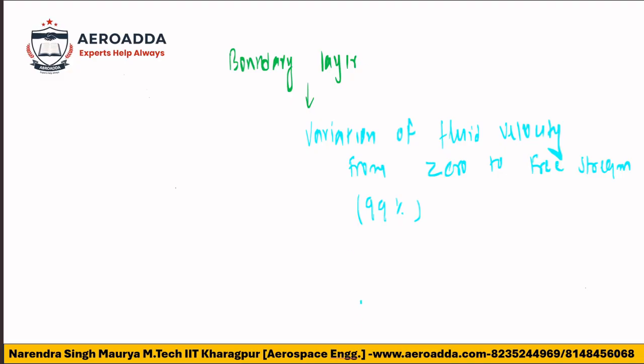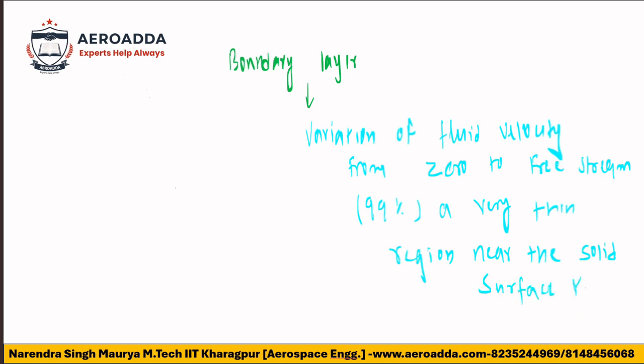From 0 to free stream, okay. In a very thin region near the solid surface, known as the boundary layer. Hope it is very clear now.